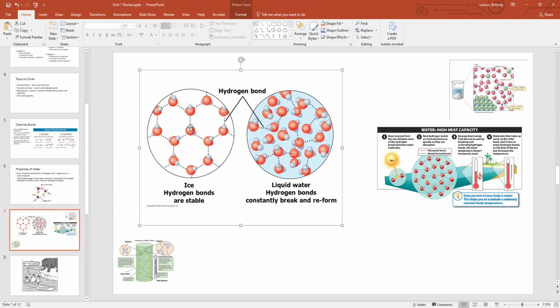But when we freeze them, we make it so that these bonds cannot break anymore. They're stuck, because they're so cold that they can't move. These things are moving all the time. And so that's why we see ice being less dense than water, because the water molecules get stuck into a pattern, where in liquid water, there's no pattern.